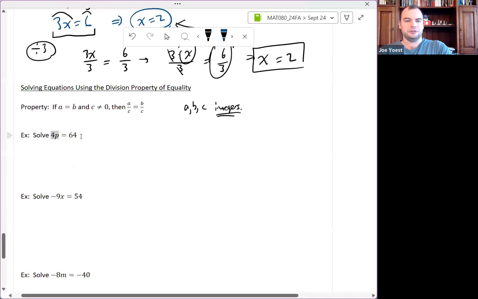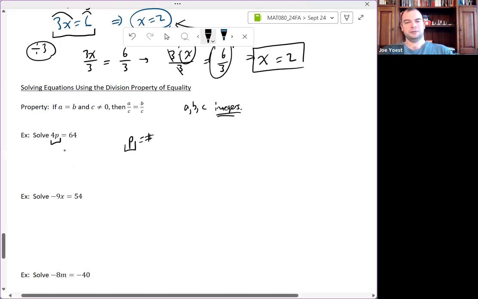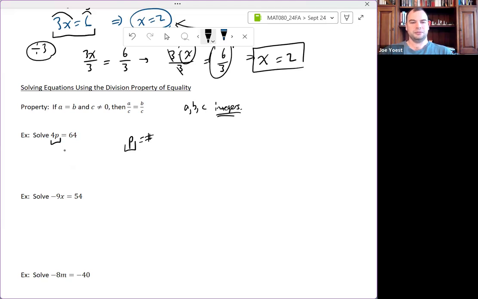So if I want to solve 4p equals 64, again, my goal is to get p equals something. I want this p by itself. Or I kind of want to split those 4 envelopes into 4 pieces so that I'm just looking at 1 envelope. Can I divide both sides by 4?